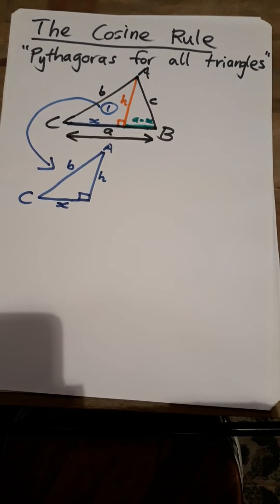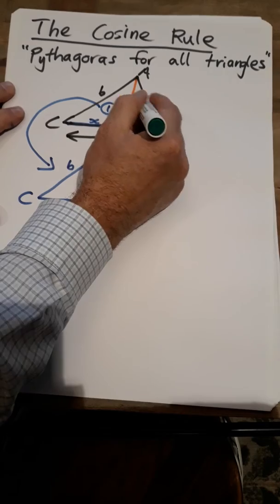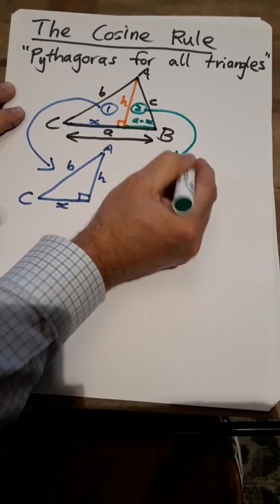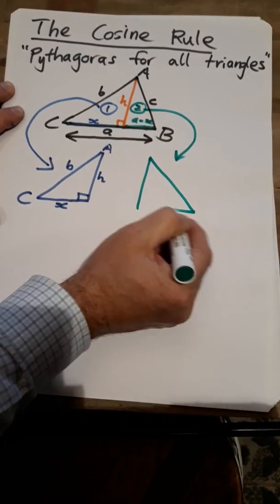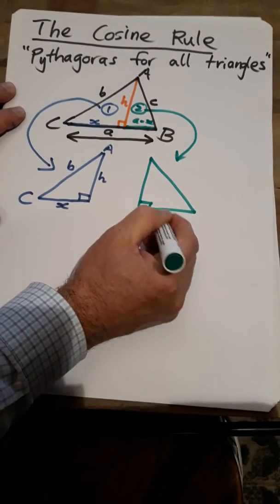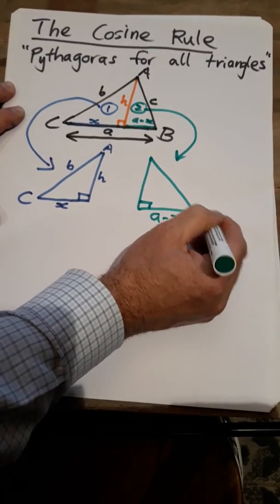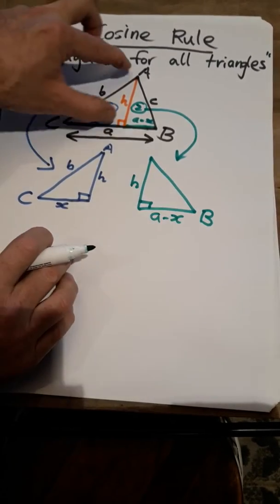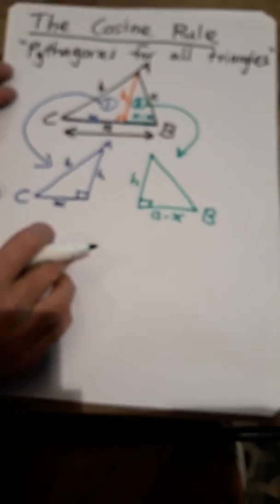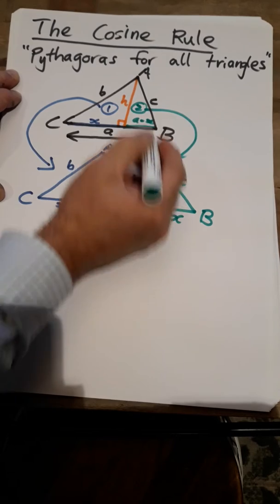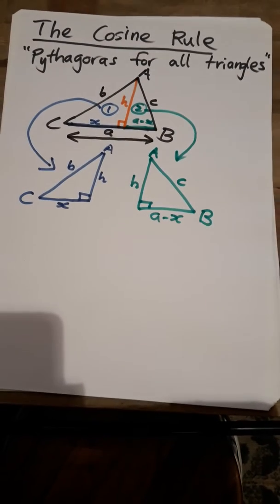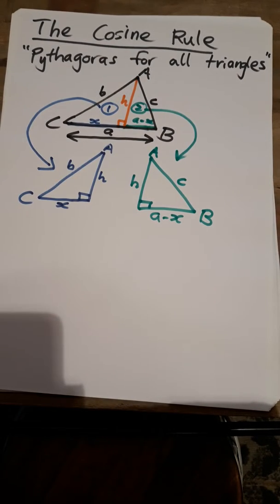So that's one of the triangles we've got, and the other triangle looks like this. It's got A minus X, that's B there, same H there, little c, and just for labelling purposes I'll put the A there, but it's clearly a different angle because it's been split. So there's our two triangles.